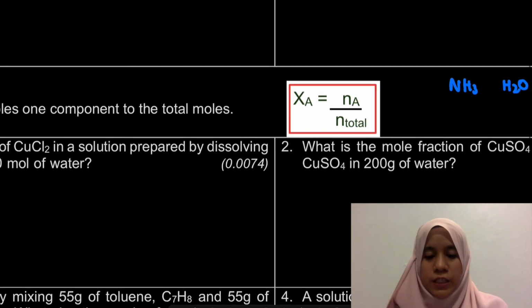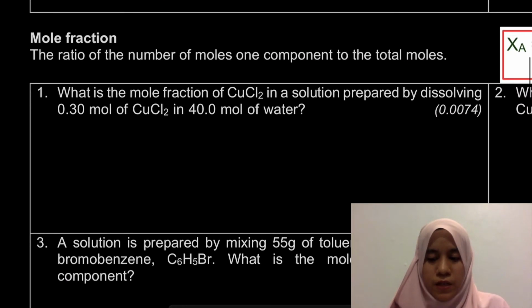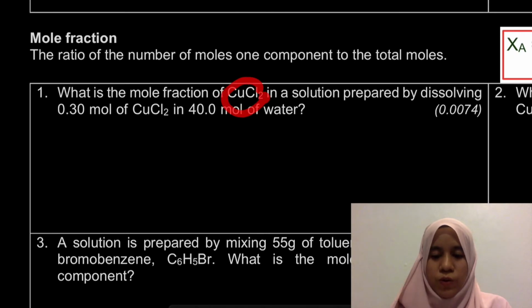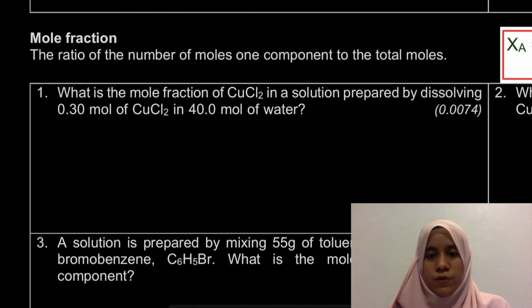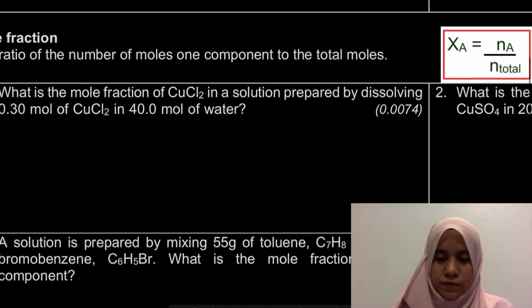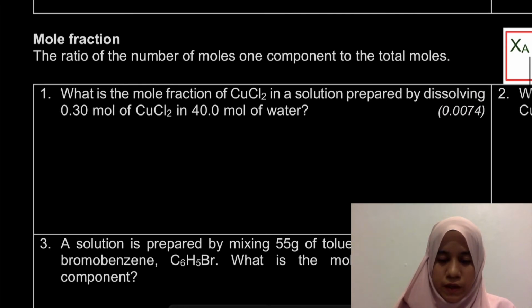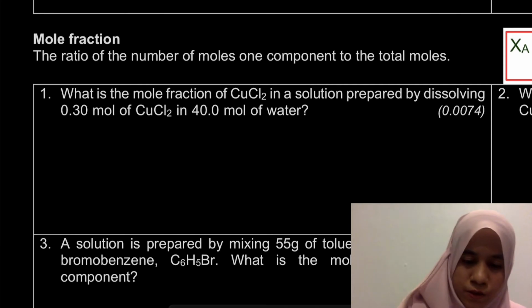Let's look at the question. They ask: what is the mole fraction of CuCl2, copper chloride, in a solution prepared by dissolving 0.3 mole of CuCl2 in 40 mole of water? In this case, CuCl2 is our solute and water is our solvent.